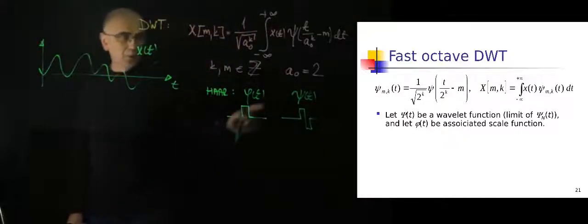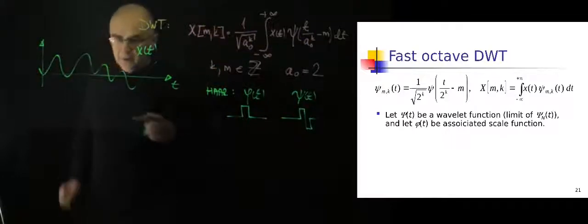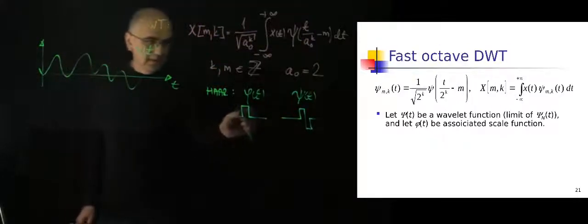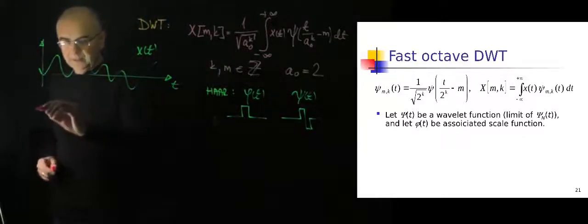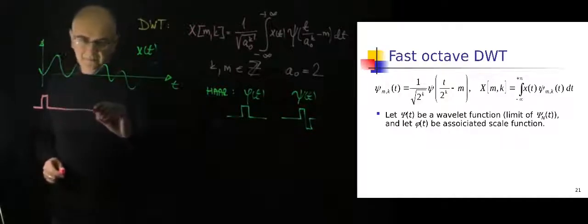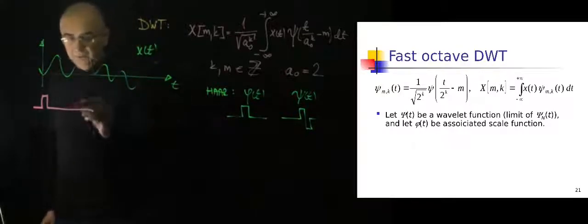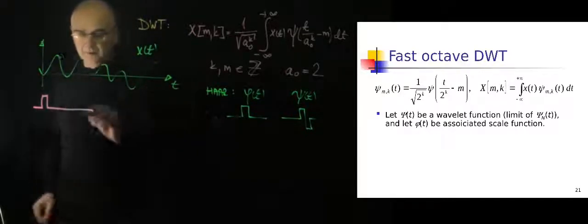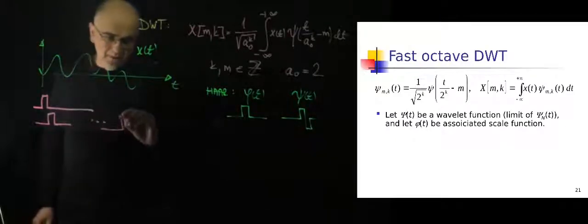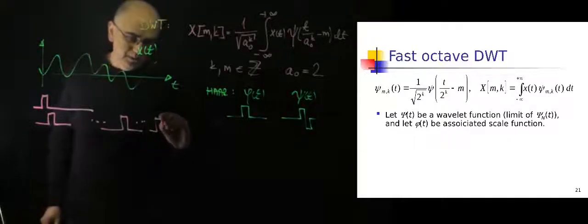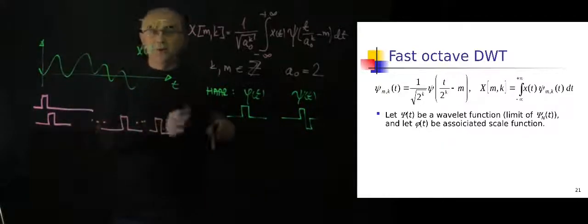Okay, so instead of using this and directly calculating wavelet coefficients, I'm going to use a pulse in some initial scale, and then I'm going to shift it to different positions, like this one, or this one, or all of them on integer shift positions.